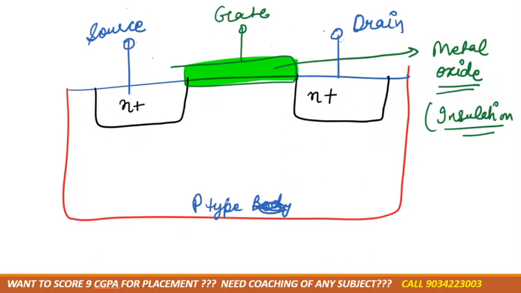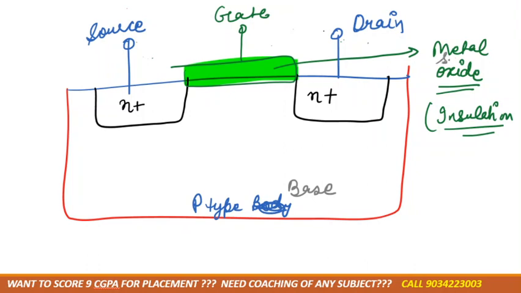This P-type semiconductor forms the base of the MOSFET. The two regions on the base are highly doped with N positive, very heavily doped. From the heavily doped regions, the terminals source and drain originate. Then we form an oxide layer.